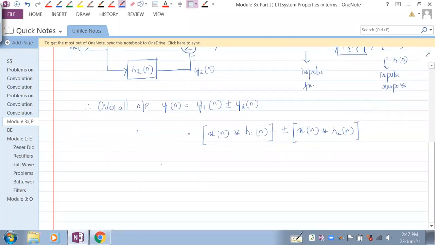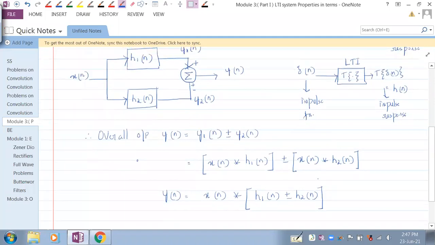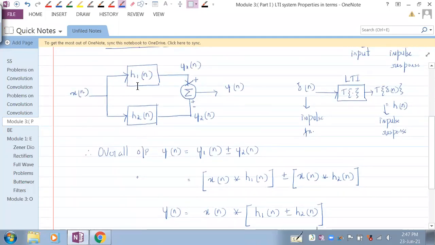If you take x of n out, y of n would look like this, and in the bracket you'll be left with this.